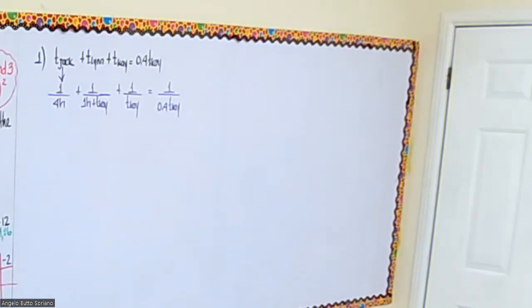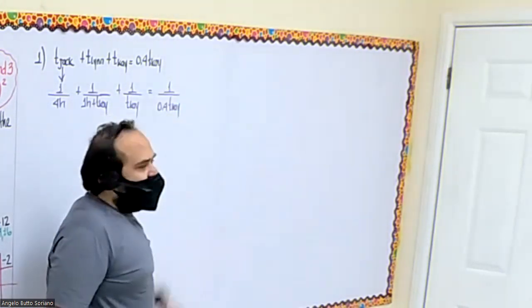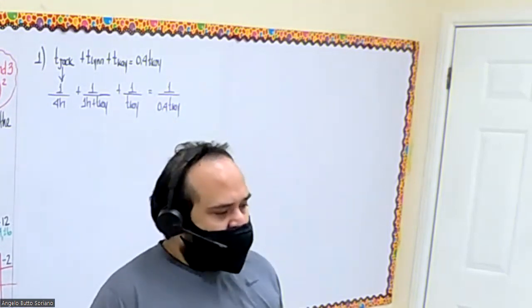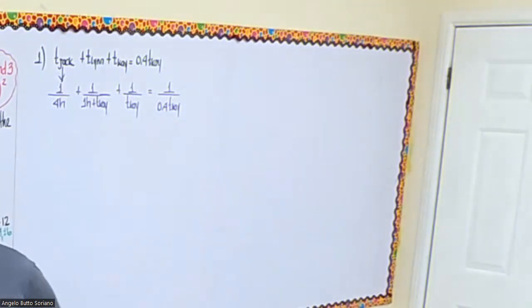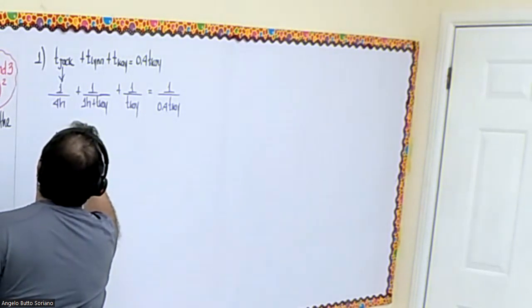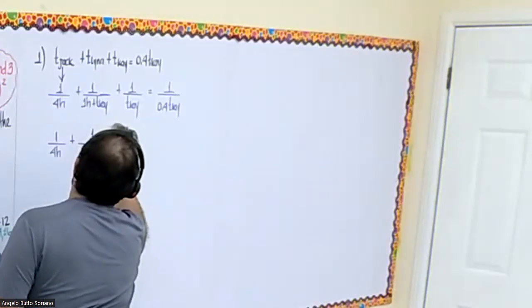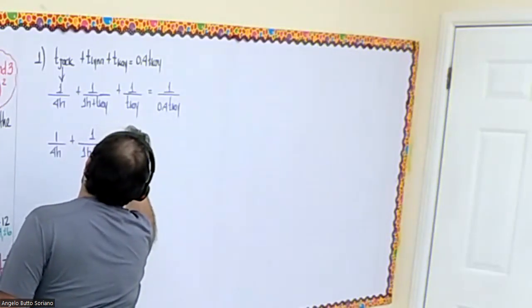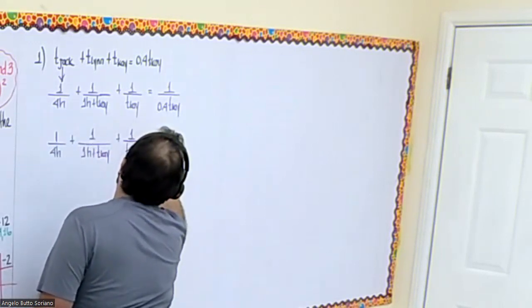And actually, if you really want to summarize, would you like to give me a hand? What will be the division of 1 divided by 0.4? Anyone? 1 divided by 0.4. 2.5. Okay, so we got once again 1 over 4 hours plus 1 over 1 hour plus period of time of Kai plus 1 over period of time of Kai.